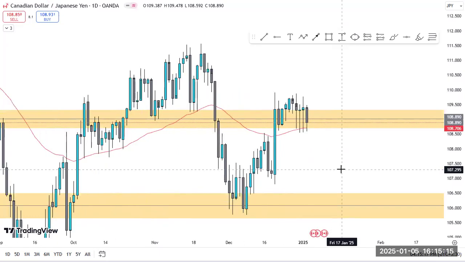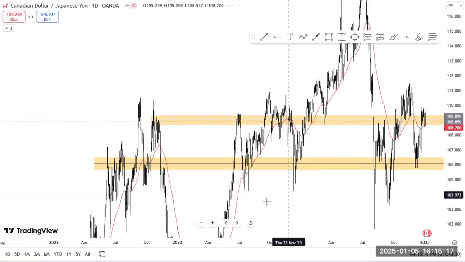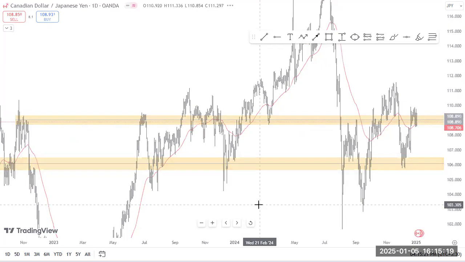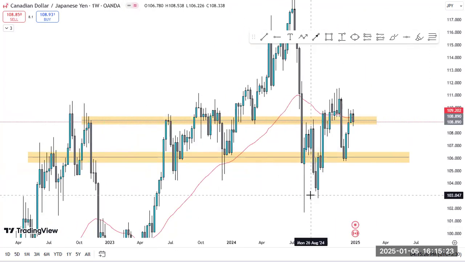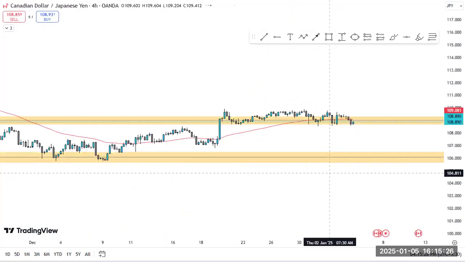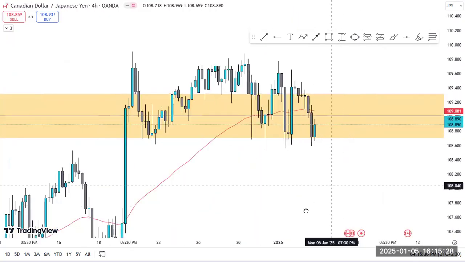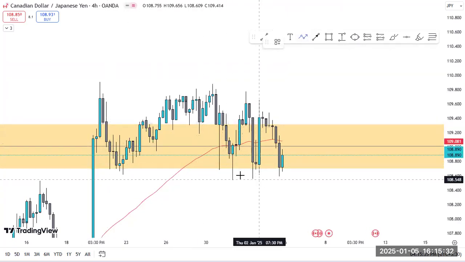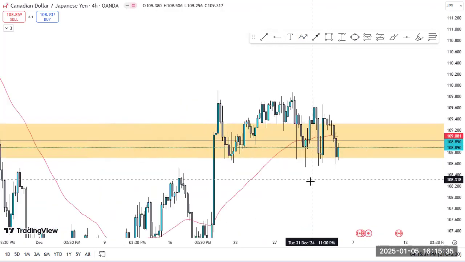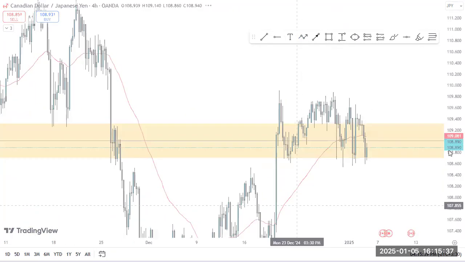Okay, so I just want to check if the zone is from weekly or from daily. Okay, it's from weekly, but yeah, don't mind. On 4 hour, okay, on 4 hour, we are currently bearish. So okay, yeah. So I'm not interested in this pair.